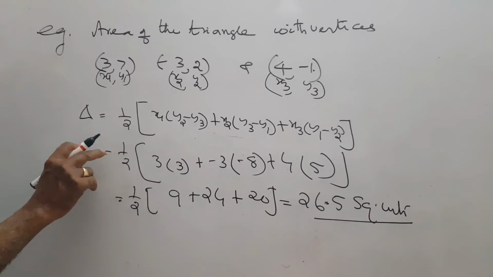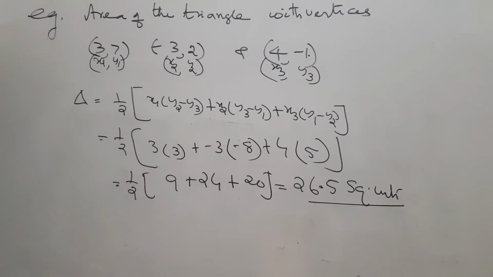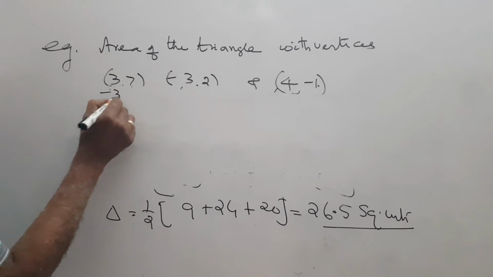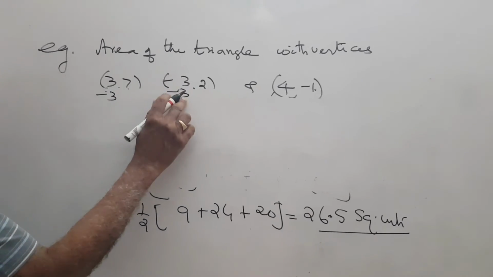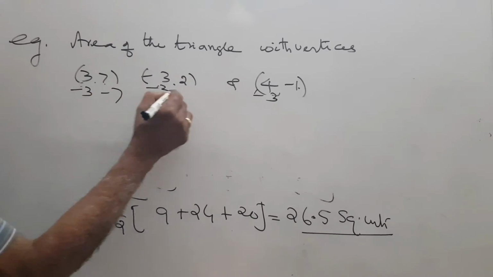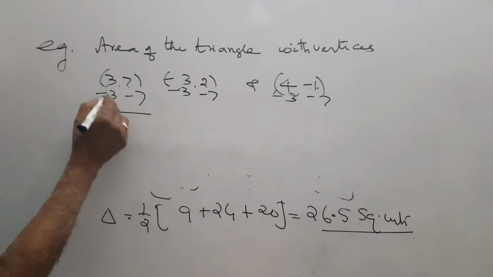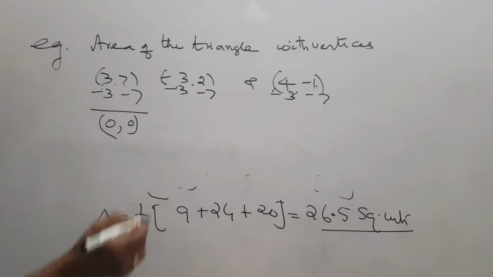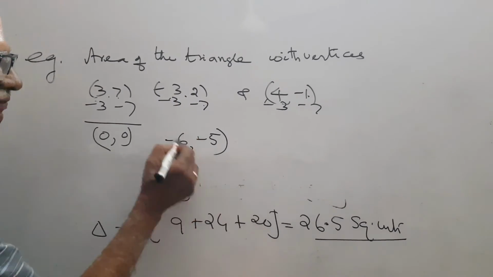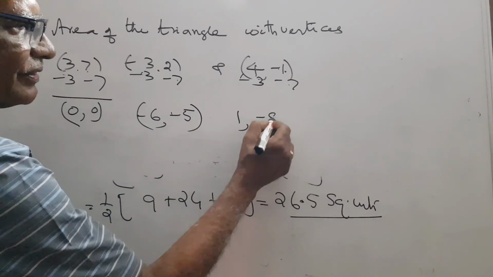Now the same formula, when simplified with the shifting of origin, we will see. Suppose we shift the origin to the point (3, 7). So we have to do a minus 3 for the x and a minus 7 for the y. So this point is (0, 0), and minus 3 becomes minus 6, 2 minus 7 is minus 5, 4 minus 3 is 1, minus 1 minus 7 is minus 8.